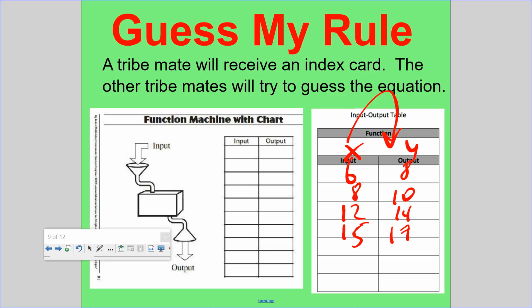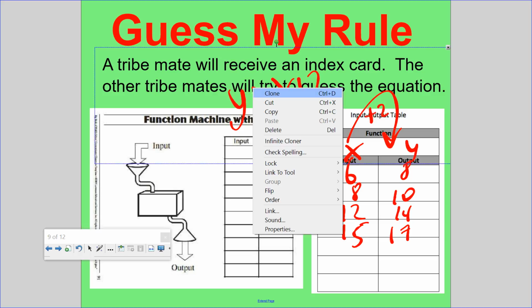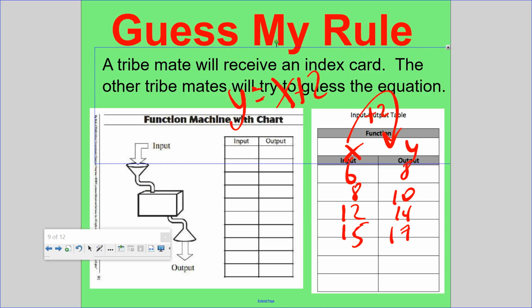Is it additive or multiplicative? It's additive: plus 2. 8 to 10, plus 2. 12 to 14, plus 2. So you add 2 to the input x to get the output, y equals x plus 2.